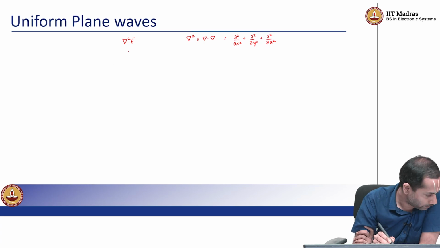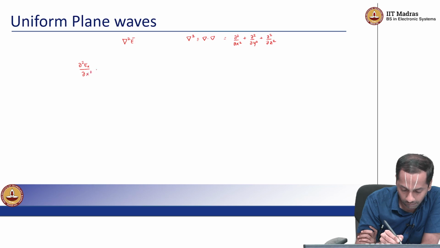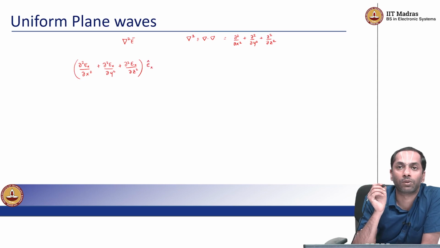So I can write this del squared E. So this entire thing would be the x component, right, of the new vector field. So the del squared, when operating on a vector field, the output is also a vector field, right.